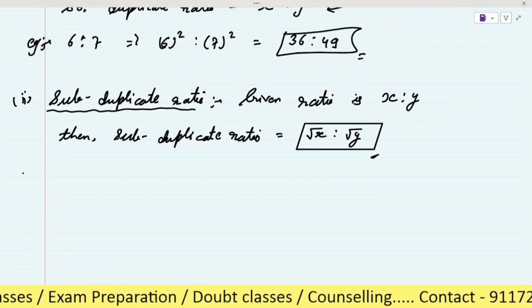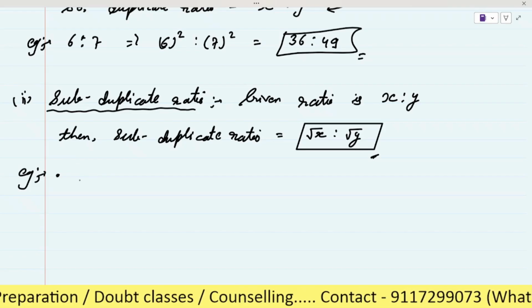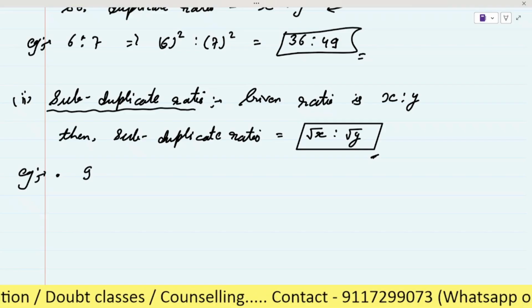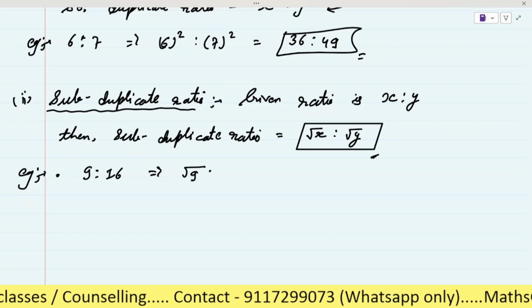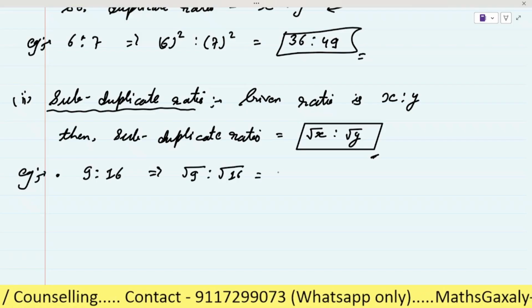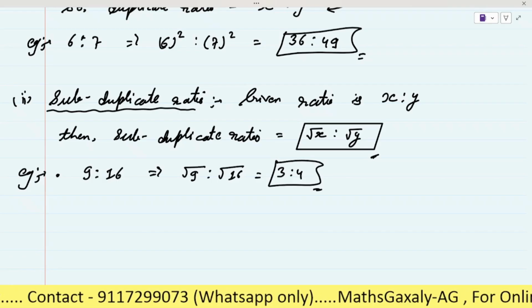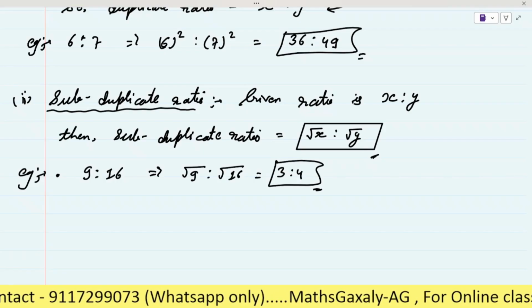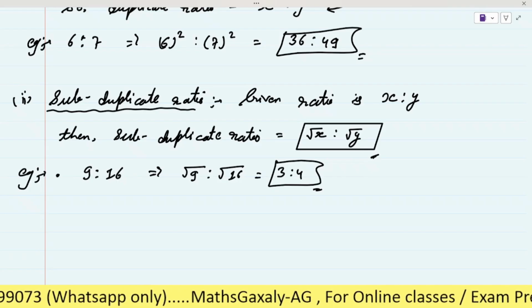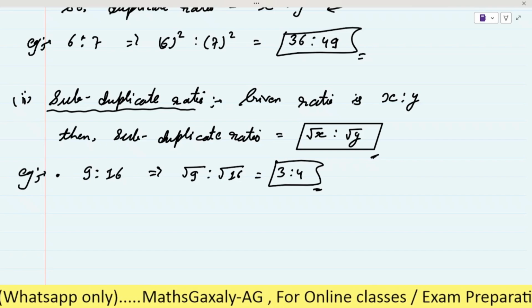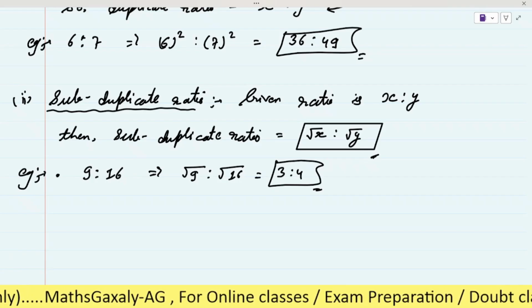In the same way, one question can be asked like this: find the subduplicate ratio of 9 is to 16. Here we just have to find the square root of these two. It will be 3 is to 4. So simply we can say that 3 is to 4 is the subduplicate ratio of 9 is to 16. Okay, is it clear or any doubt? Do you want to note down any point?